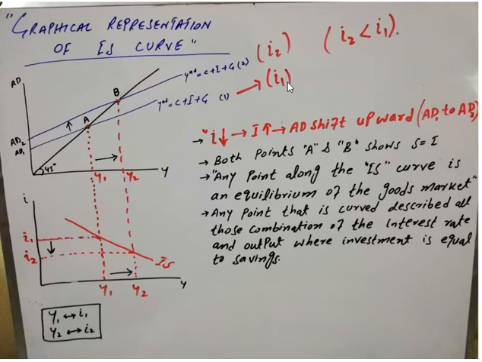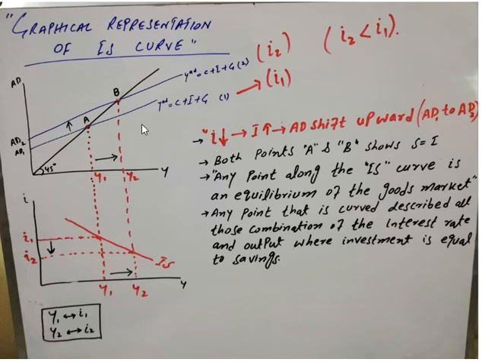When the interest rate decreases, investment increases. When investment increases, aggregate demand shifts upward. As the interest rate is not present on either the y or x axis, any change in interest rate will shift this curve upward.